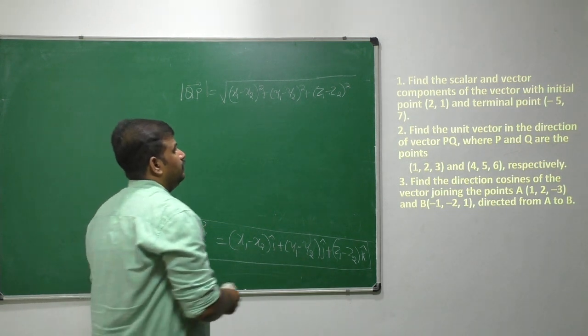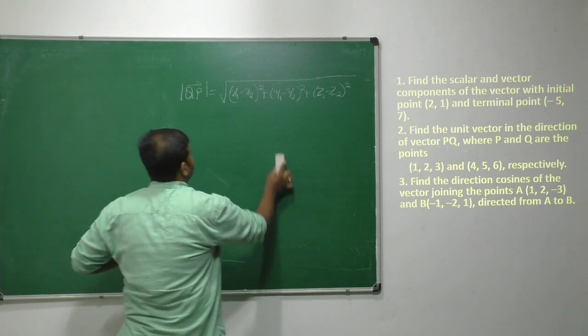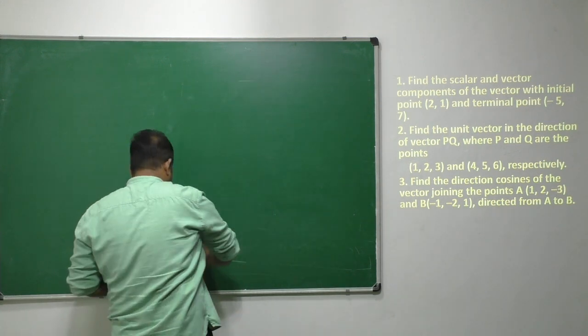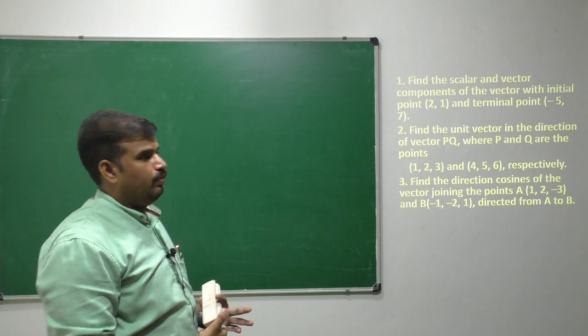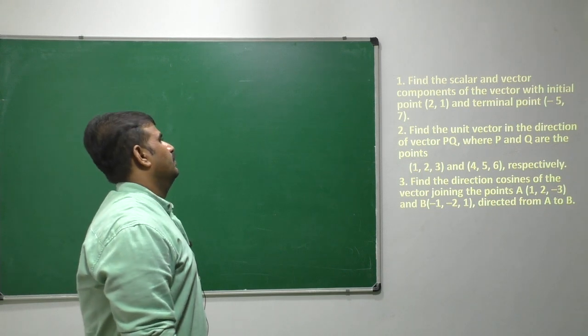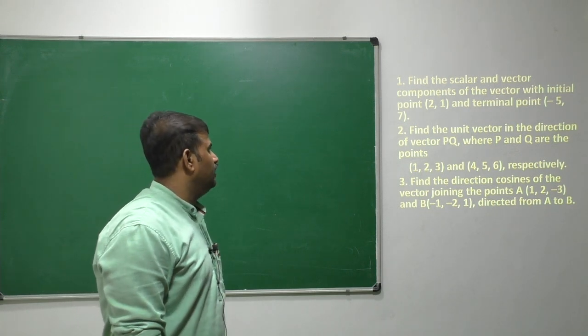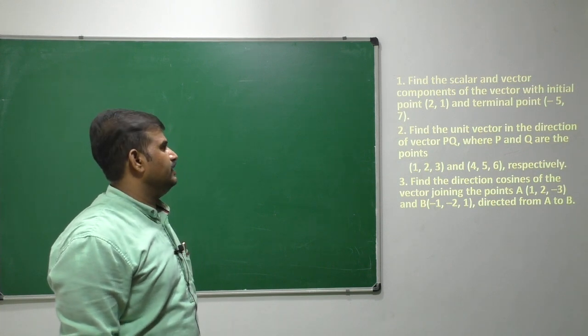Next, we have the following examples based on the vector joining 2 points. Find the scalar and vector components of the vector with initial point 2, 1 and terminal point minus 5, 7.